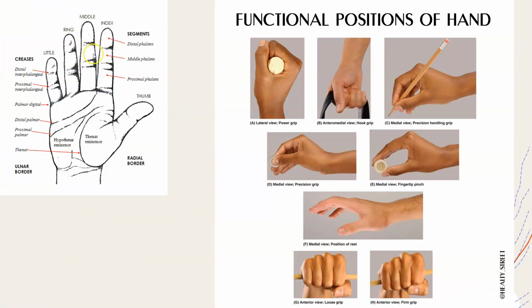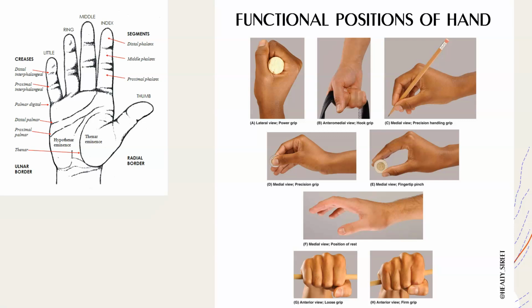So we can see here, everything's kind of broken down in the diagram. You can see the hypothenar eminence here at the fifth. You can see the thenar eminence here as it relates to the first digit. And of course, here are all your various grips that allow for all the functional things. The interesting thing is, you think about the chicken or the egg or the cart before the horse.